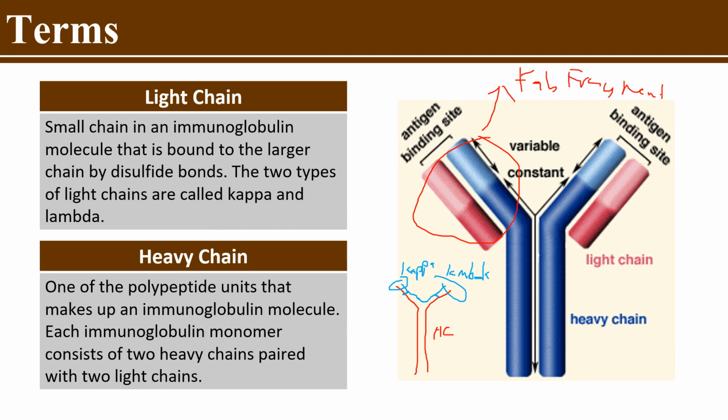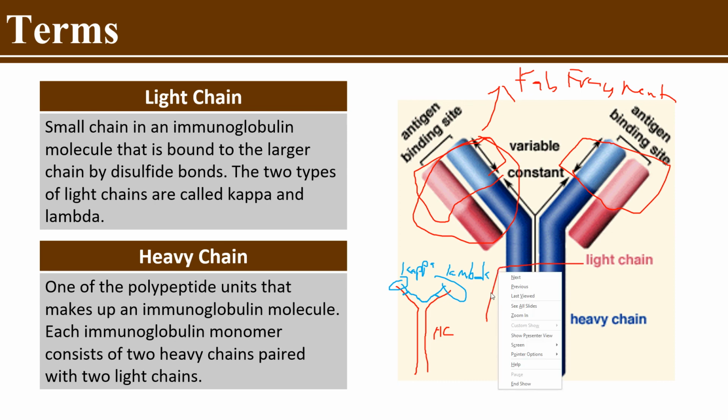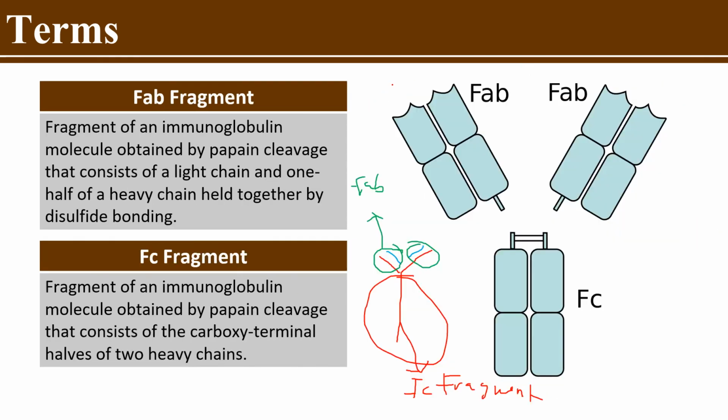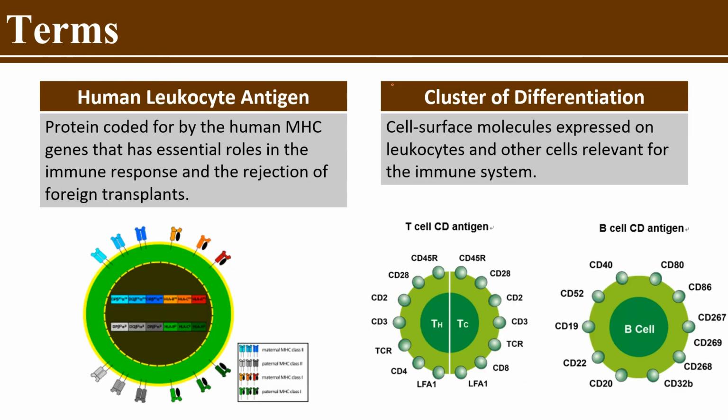It consists of one light and one heavy chain. One half of the heavy chain here, the end. And then for the Fc fragment, this entire part is the Fc fragment which is composed of two heavy chains. So if you are asked in the exam, what are the pair of your Fab fragment? It consists of one light chain and one heavy chain. For the Fc fragment, both heavy chains.